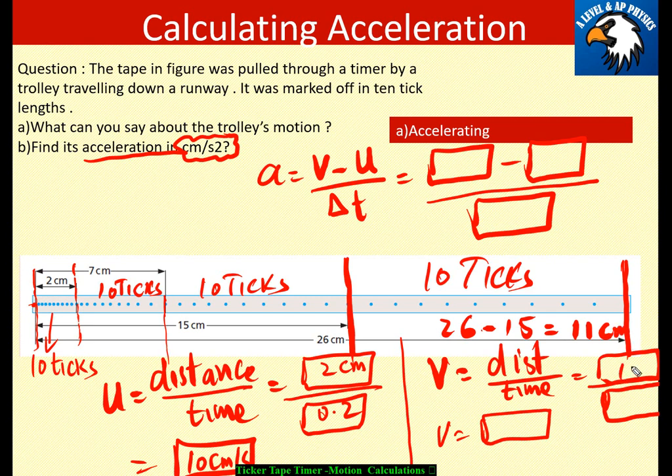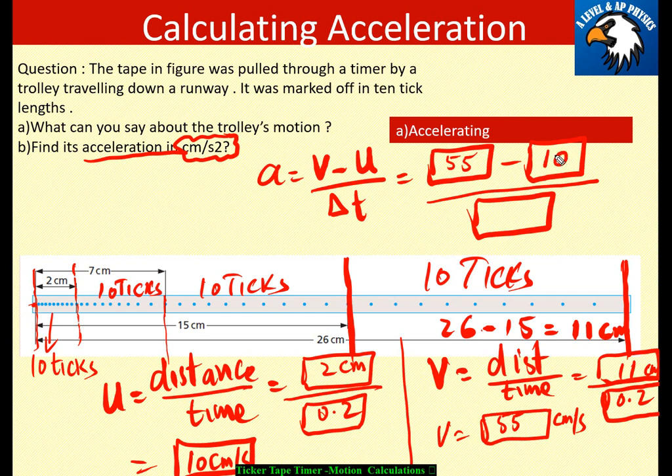We write down 11 centimeters, and the time taken is 0.2. If we solve this, we get our velocity as 55 centimeters per second. So our V is 55 and our value of U is 10.